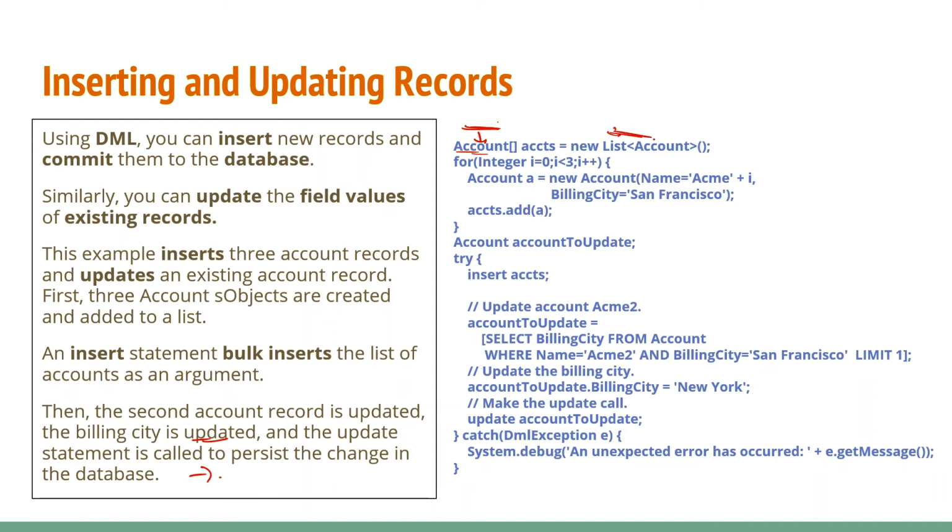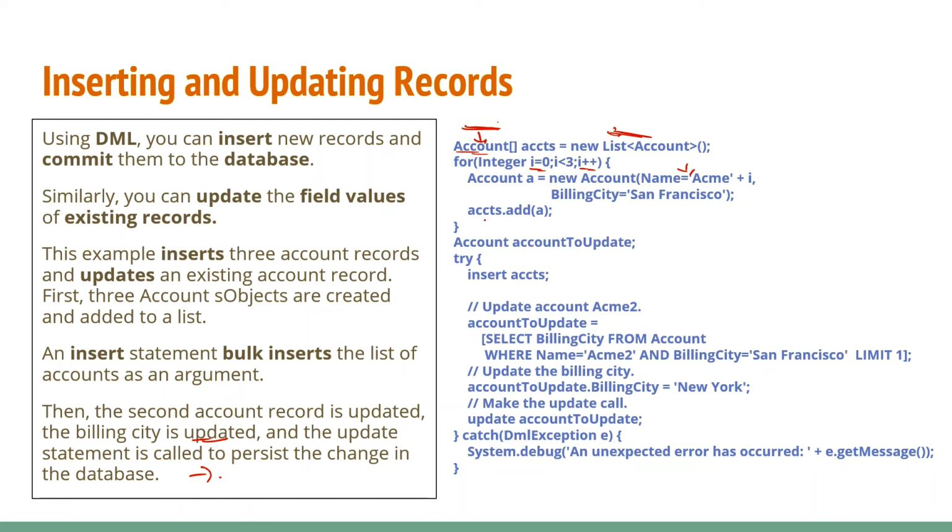For integer i = 0; i < 3; i++, this is a general for loop. Account a = new Account(Name='Acme' + i), because the name should be unique. That's why we are using Acme plus i. So i will be Acme0, Acme1, Acme2. When i is 3, this condition will be false and it will skip this loop.